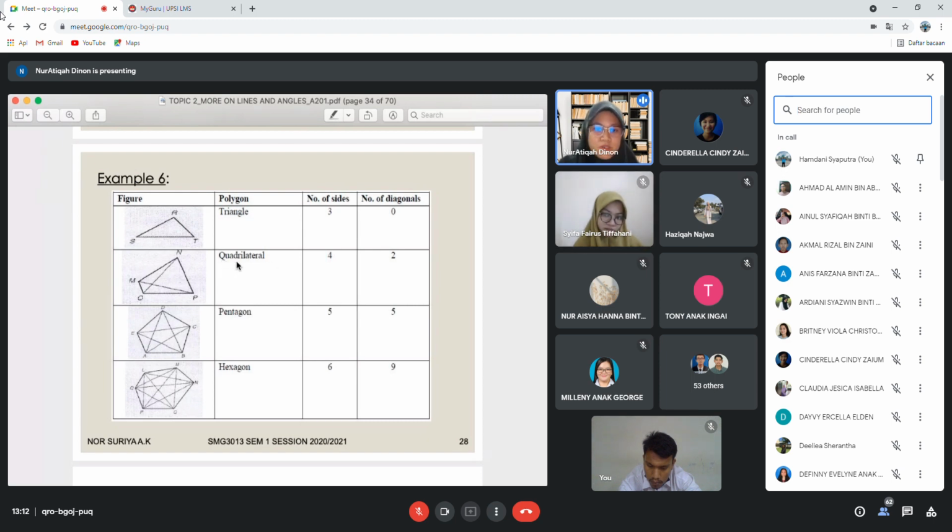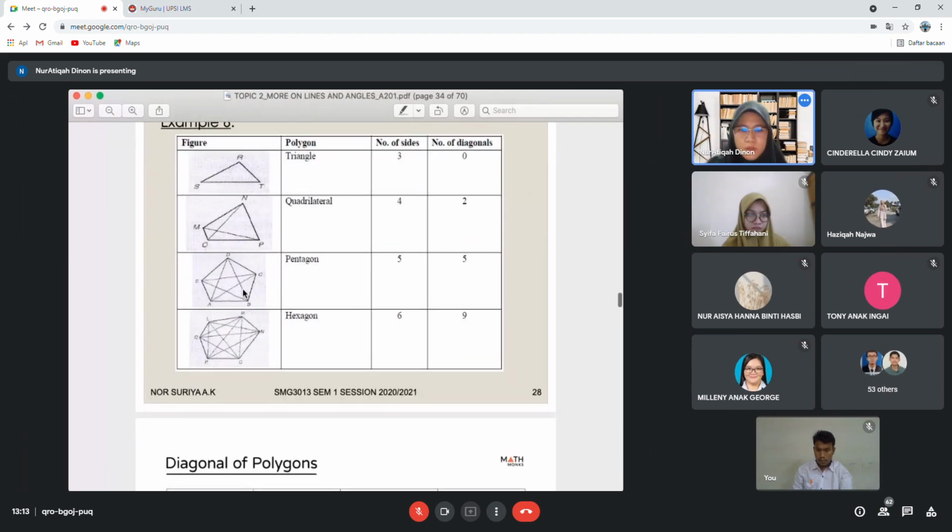But for a quadrilateral, for example this shape MNOP, we can connect vertices M to P and O to N. But we cannot connect M to O because it's going to be the line of the polygon, a side of the polygon. So a quadrilateral has 4 sides and 2 diagonals. For pentagons, we have 5 sides and 5 diagonals.